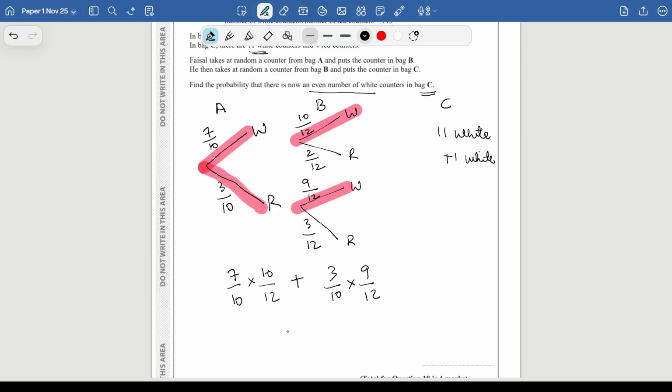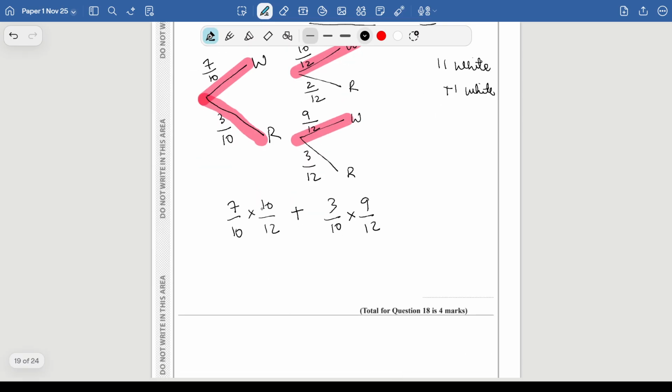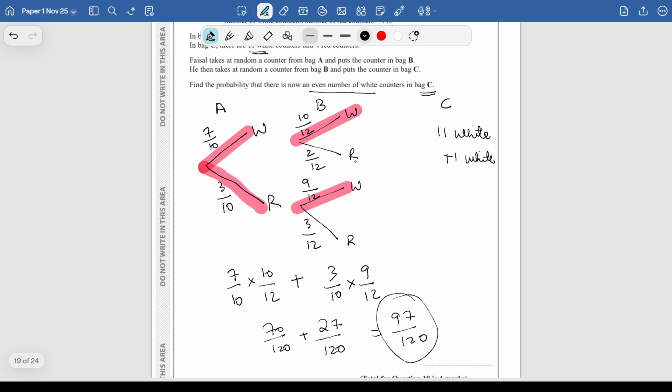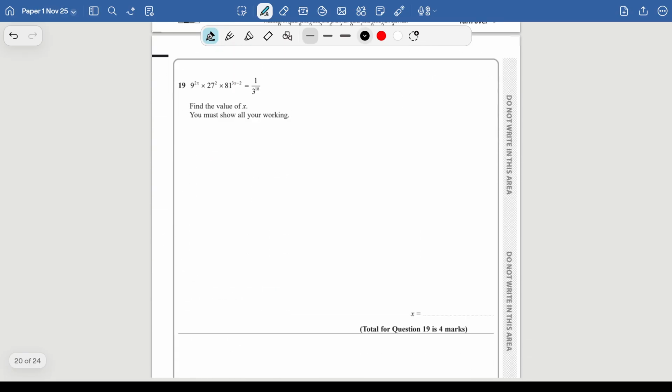So what is the final probability here? 7/10 times 10/12 is 70 out of 120, plus 3 nines is 27 out of 120. So that's 97 over 120. That's the final answer. So the chance that he will have an even number of white counters in bag C is 97 out of 120.